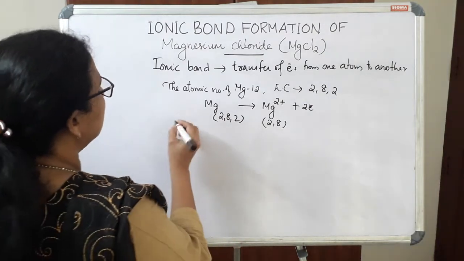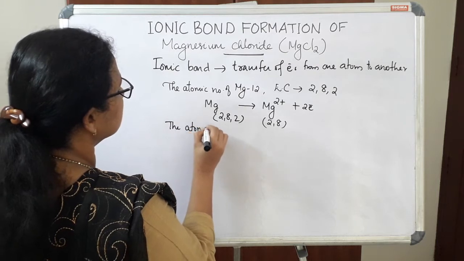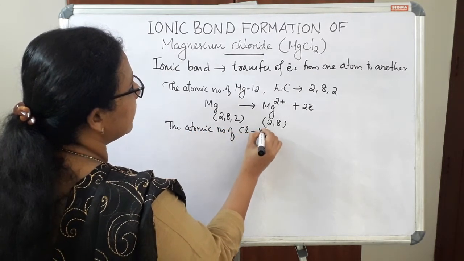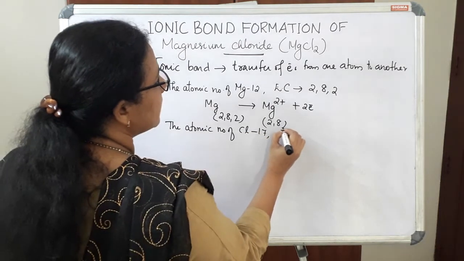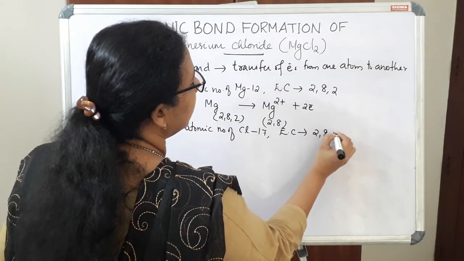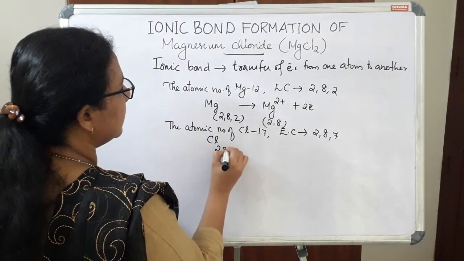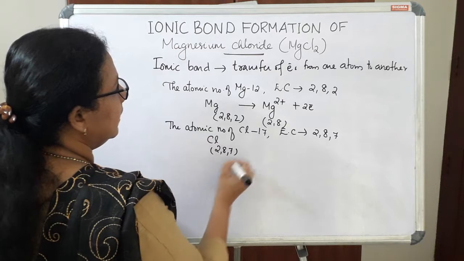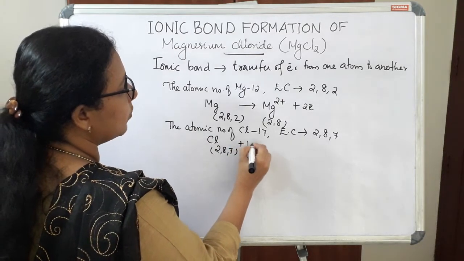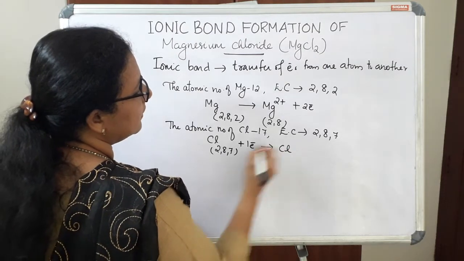Now let us write the atomic number of chlorine. The atomic number of chlorine is 17. There are 17 electrons, so the electronic configuration is 2, 8, 7. In order to attain octet configuration, it accepts 1 electron and gets a negative charge.